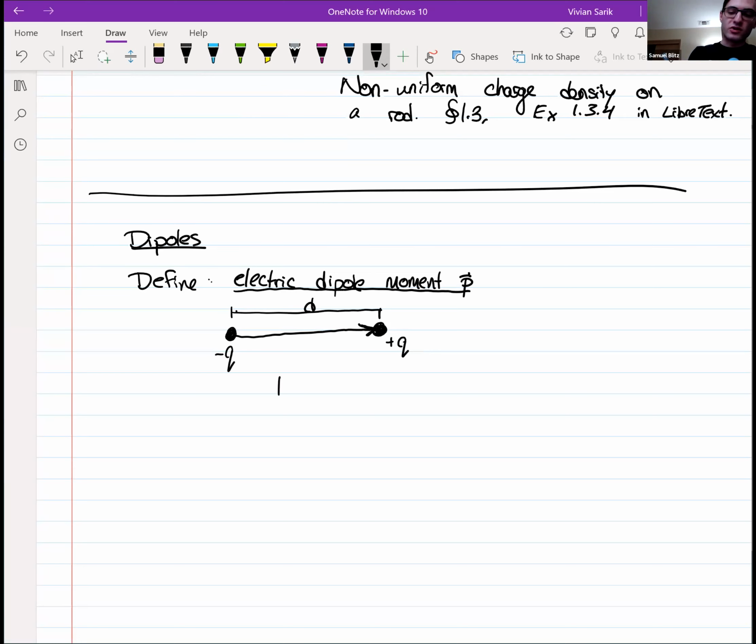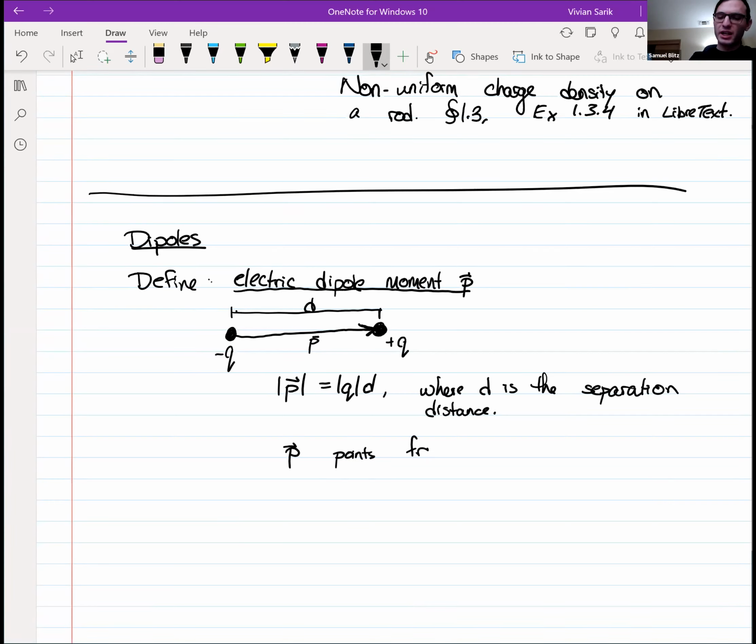The magnitude of this vector P is not just the length. In fact, it's the magnitude of the charge times the length d, where d is the separation. P is a vector, so it has a direction, and it points from negative to positive.